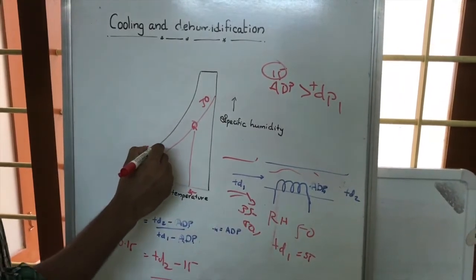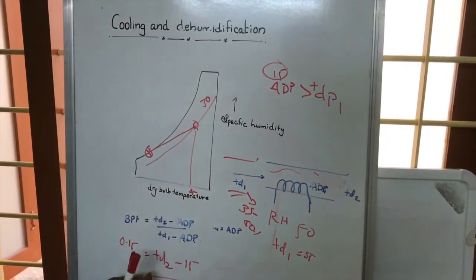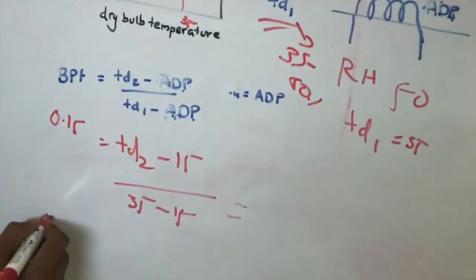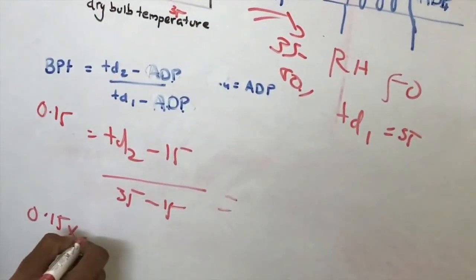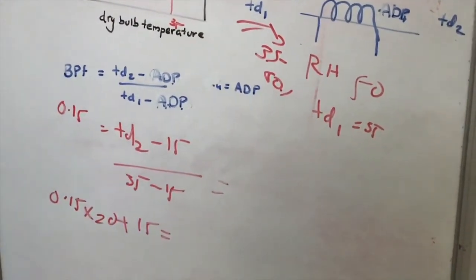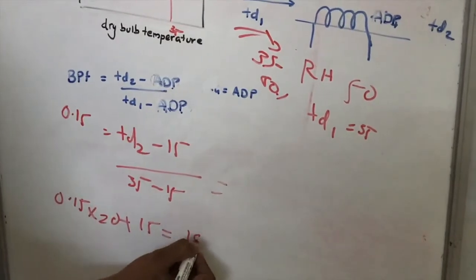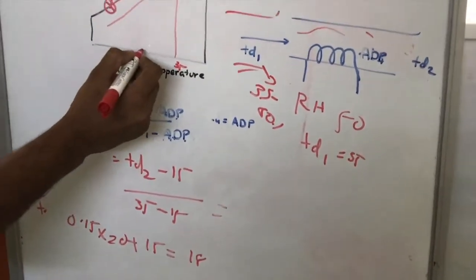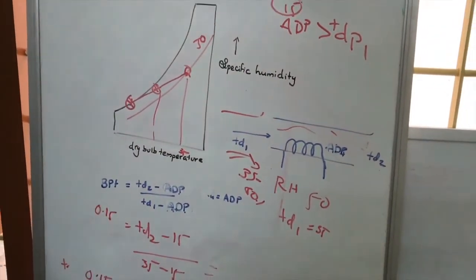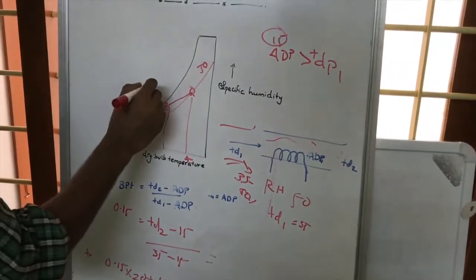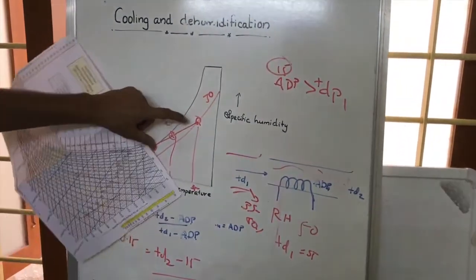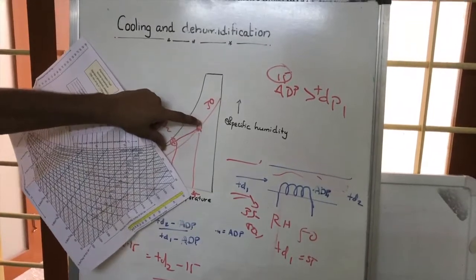So we draw a straight line, and from this we can find TD2. We get it as 0.15 into 20 plus 15, so that is about 18 degrees. TD2 is 18 degrees. Here we can plot 18 degrees, and that will come in between. So now we have obtained TD2, and this is the actual dehumidification process.